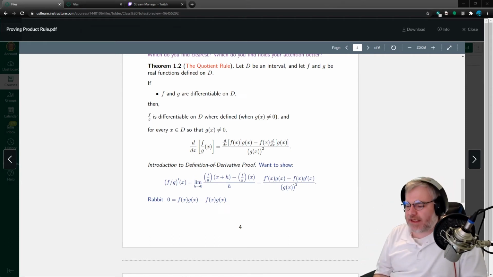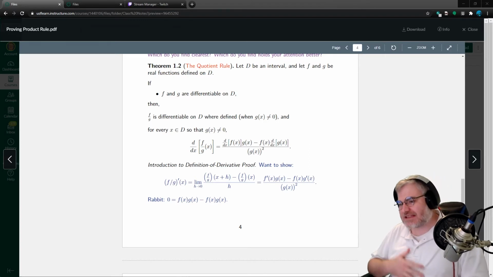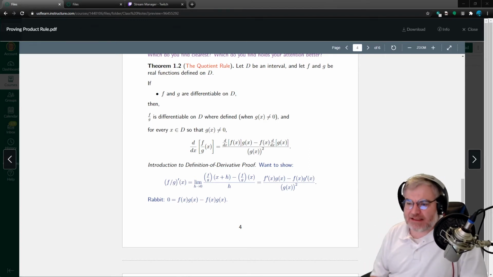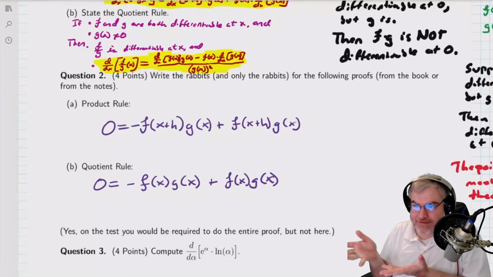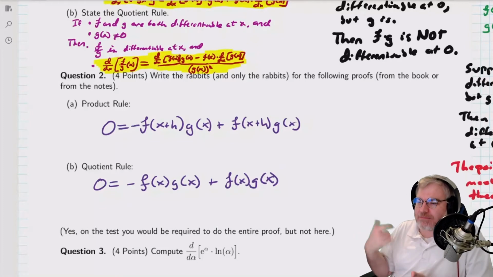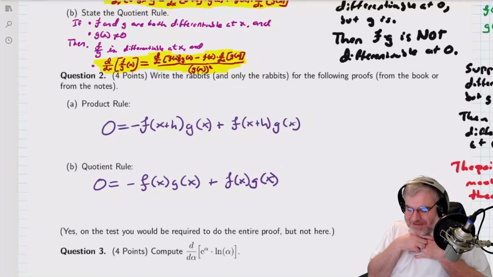So again, I made an announcement about this. Is it going to be on the test? They have been. I don't know what they're going to do this semester. That seems to be a common theme, right? I'm sorry about that. I'm used to being the person writing the tests, and this is weird for me because it's not me this semester.